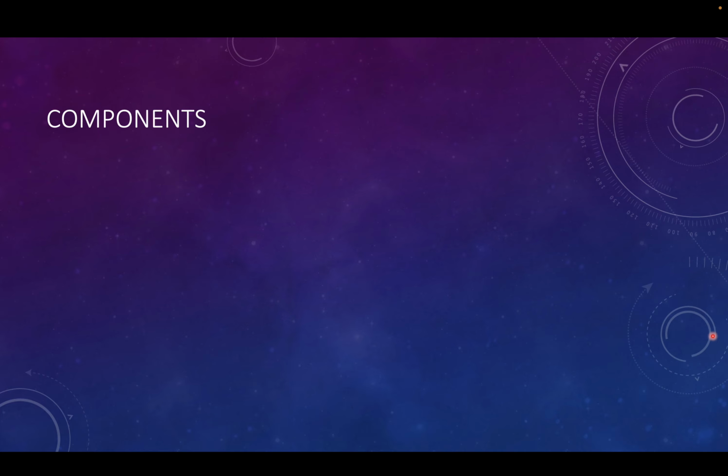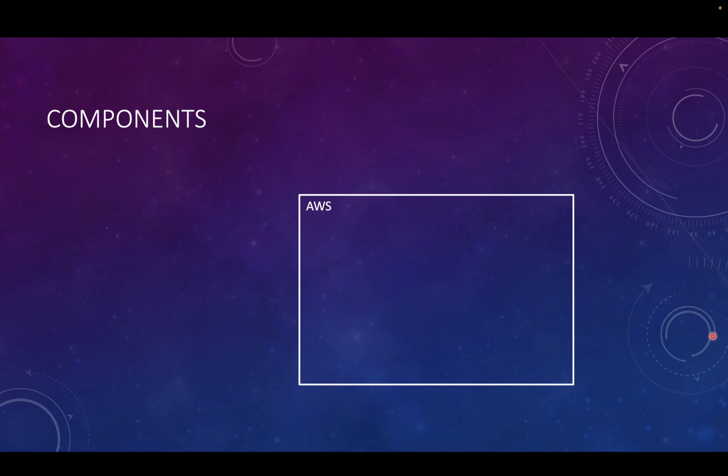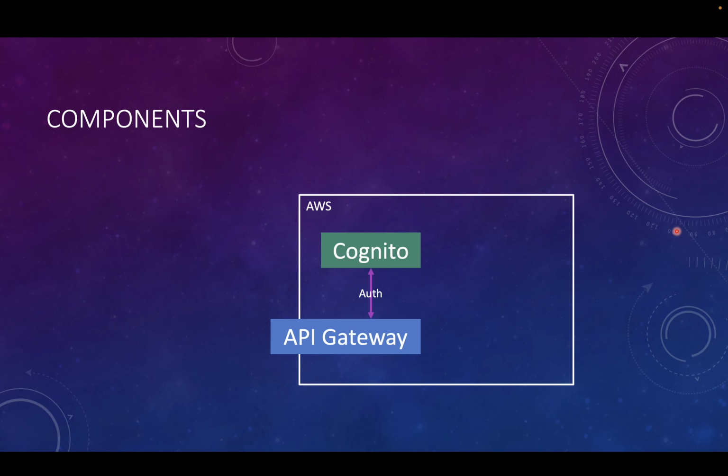These are the components. First we have an AWS environment, and then we will create an API Gateway, and we will also create Cognito so that the AWS API Gateway can use this Cognito as the authorizer.